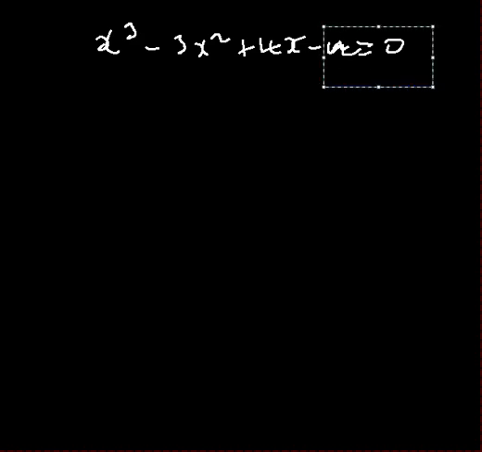Let's say we have x cubed minus 3x squared plus 4x minus 12 equals 0. How should we solve this? By the way, it should be minus 12 equals 0.